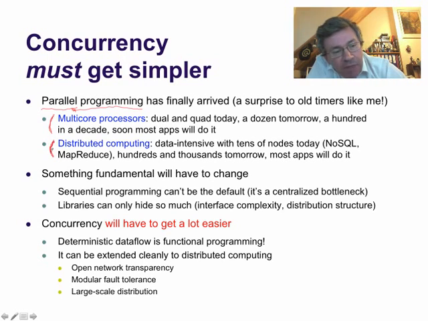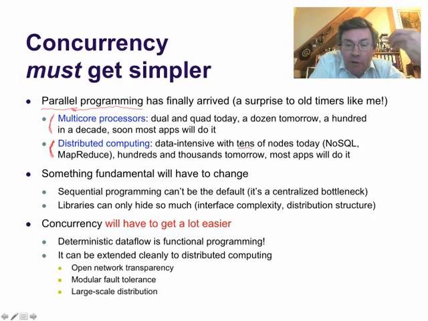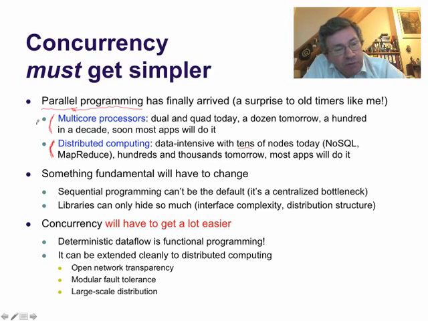So we therefore have data intensive distributed applications or collaborative applications with tens of nodes, for example, running today, NoSQL, MapReduce, and so on. Tomorrow they will be running on hundreds, then thousands, and so on, and more applications will take advantage.